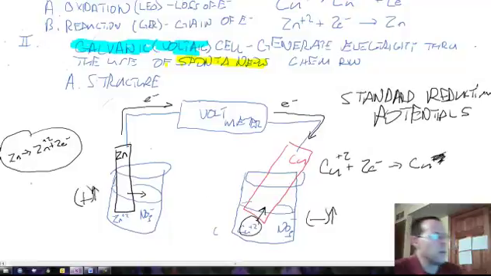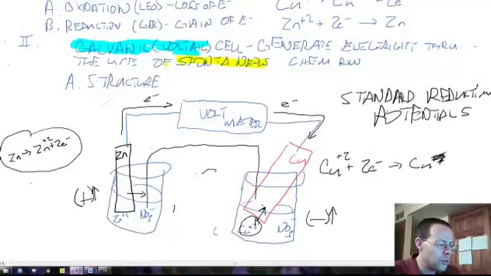So, in order to make this work, we have to have what's called a salt bridge. A salt bridge is just anything that has small electrolytes in it. So I'm going to draw a salt bridge, kind of right here, something like this. It's going to connect our two sides.